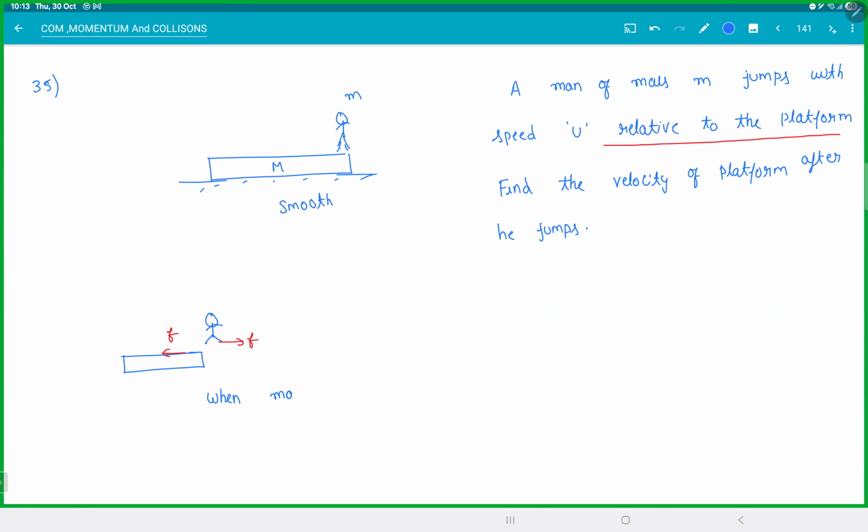So when the man starts to move, the plank moves at the same time. When he is about to jump, the platform is already moving back.